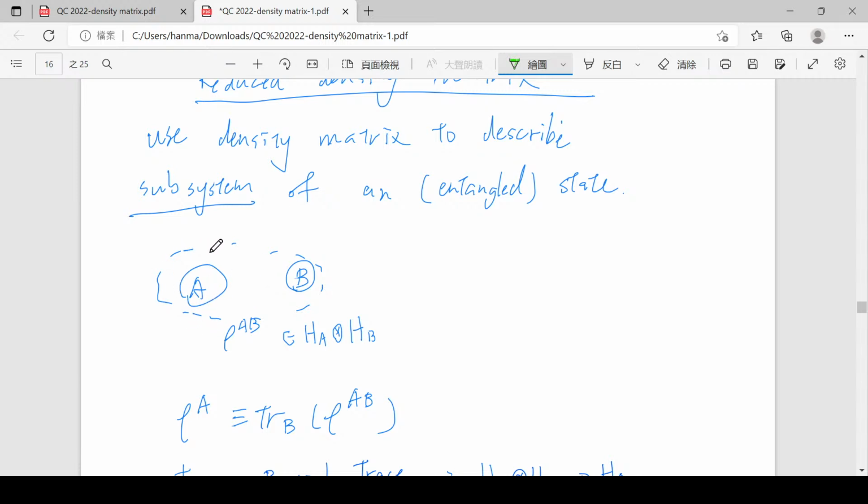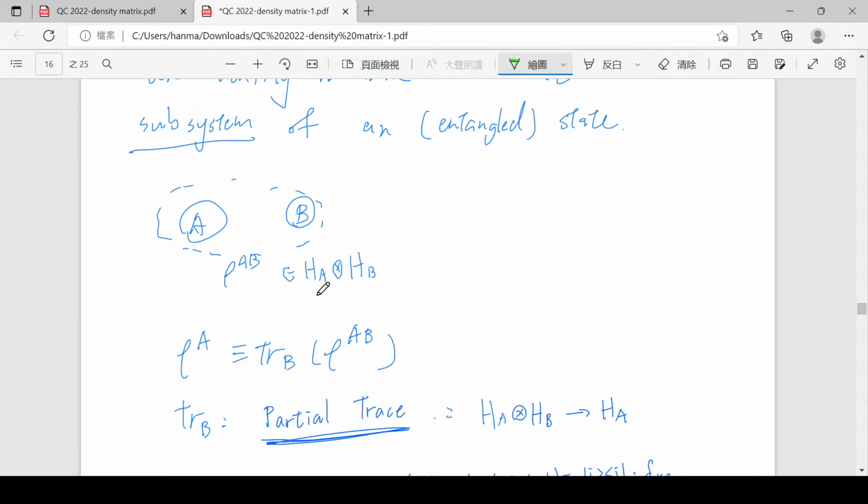So the situation is you have system A and system B, and A and B might be entangled. Then you have a global state with a global density matrix on the space H_A tensor H_B, and this rho_AB is maybe psi_AB, psi_AB. So some entangled pure state over the whole system.